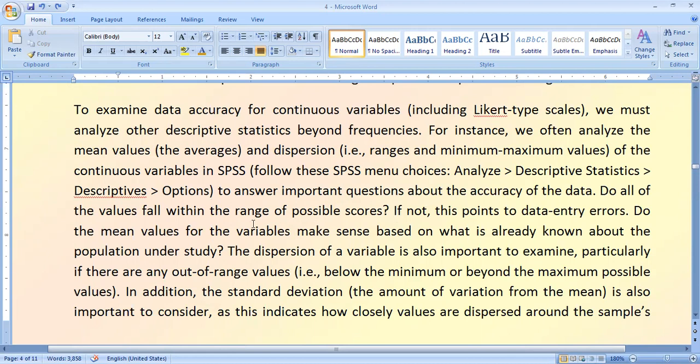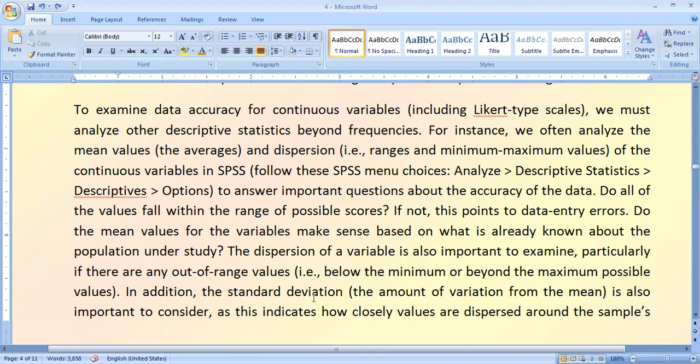Do all of the variables fall within the range of possible scores, without data entry errors? Do the mean values for the variable make sense based on what is already known about the population of study? The dispersion of the variable is also important to examine, particularly if there are any out of range values below the minimum or beyond the maximum possible values.